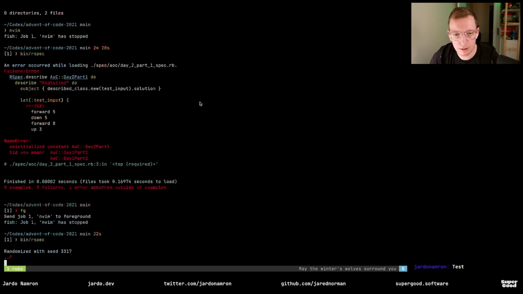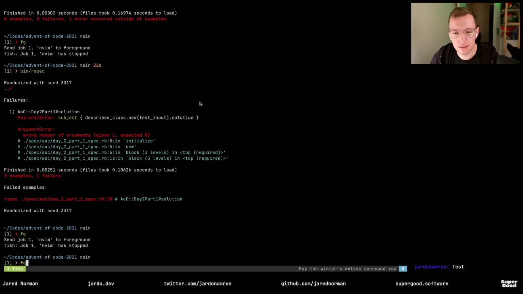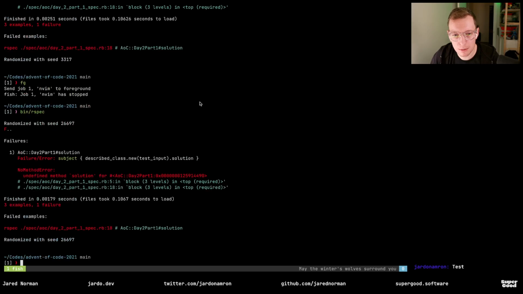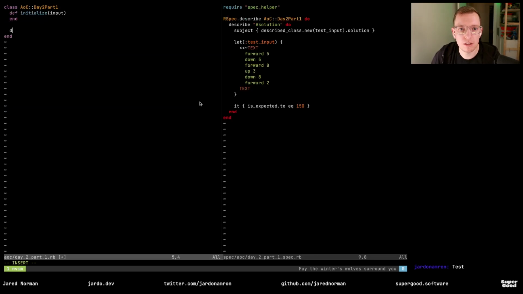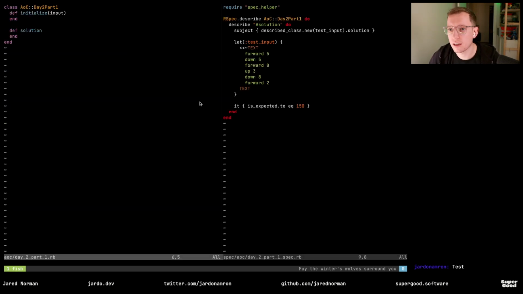Cool. And then now when we bin our spec, we should get wrong number of arguments, and that is because we need to do that. And now when we bin our spec, we get undefined method solution. Now we get nil. Okay, so now we've actually got something.